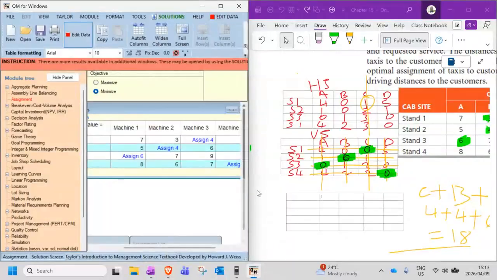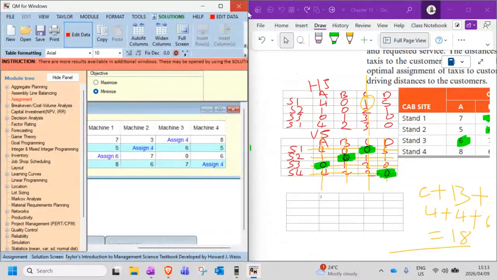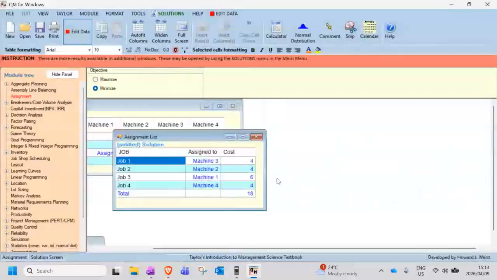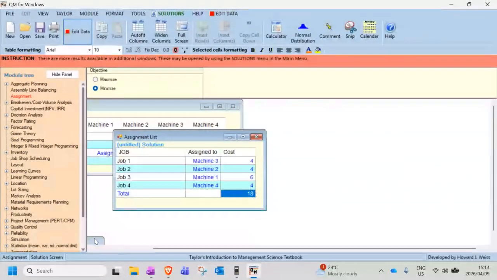So that's how they found their assignment and the values that are involved. 4, 4, 6, and I'm sure the other one is 4. Yes, and then you do that. You get your 18. That's your solution there.